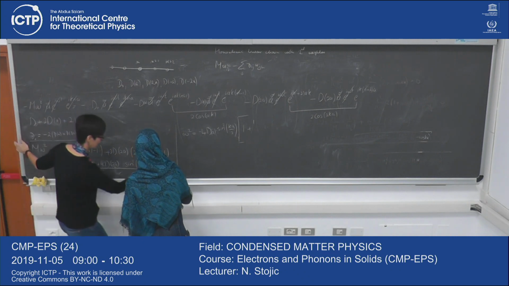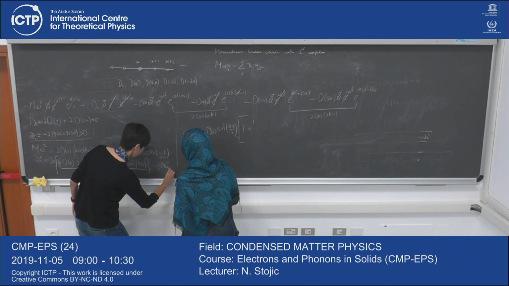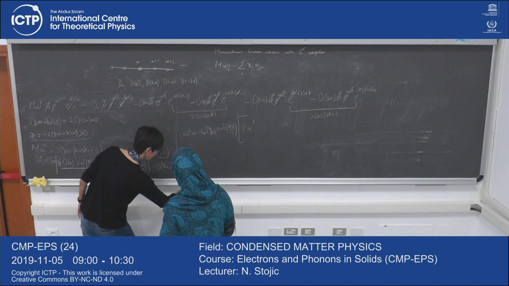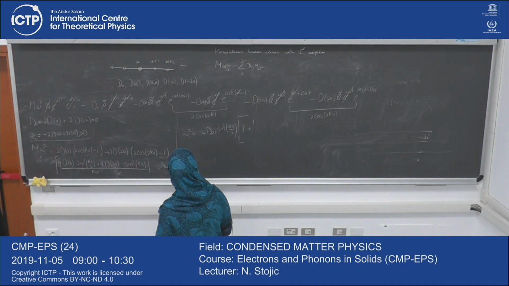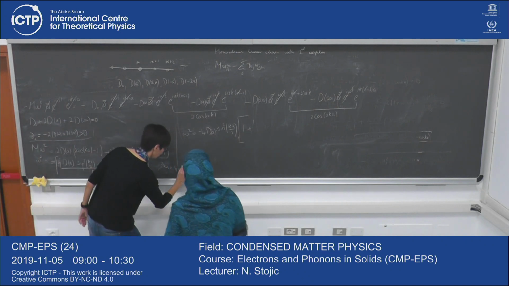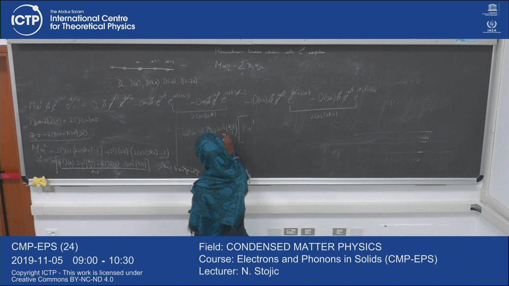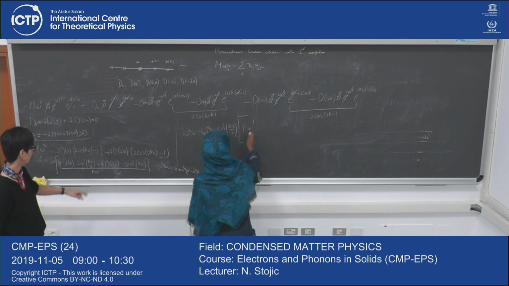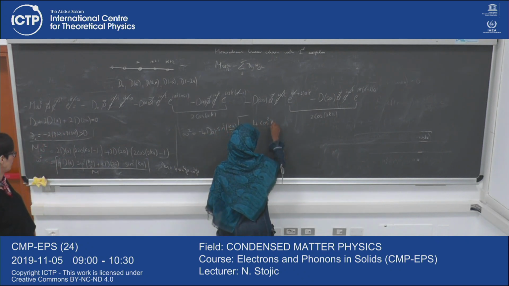Sine 2Ka is equal to 4 sine Ka half cosine Ka half, squared. Then you're factoring out this, so you will have a 4 left. Cosine square Ka over 2.